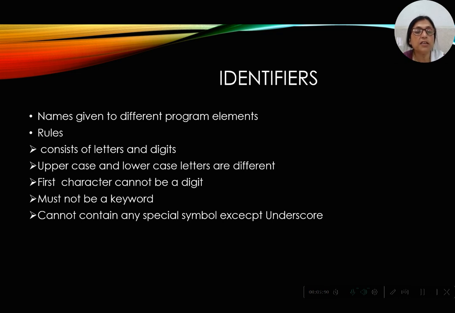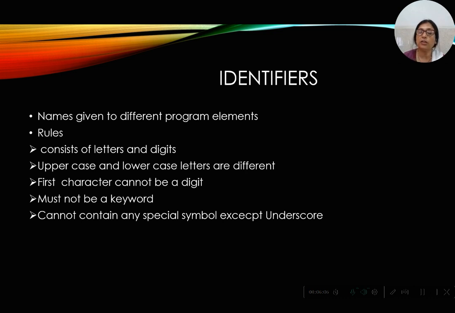First, it consists of letters and digits. Each name can have letters and digits. Second, uppercase and lowercase letters are different. That means, as I told you, Python is case sensitive. It considers your small letter and capital letter differently. Third, the first character cannot be a digit; though it can be included in the name, it cannot be the first character.